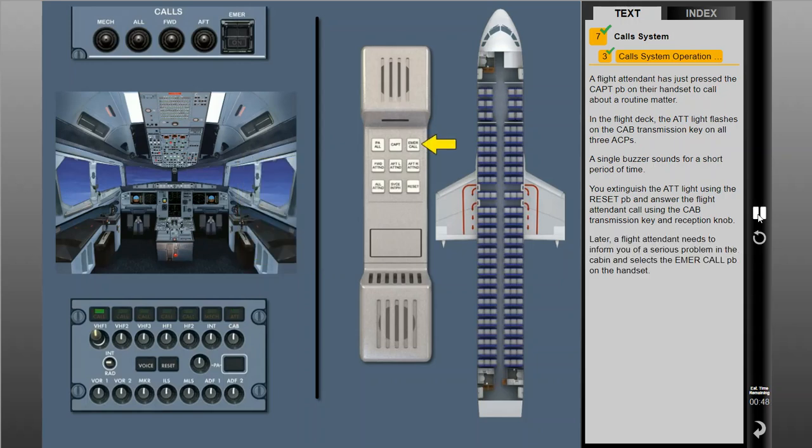Later, a flight attendant needs to inform you of a serious problem in the cabin and selects the emergency call push button on the handset. In the flight deck, the attending light flashes on the cabin transmission key on all 3 ACPs. A buzzer sounds 3 times.